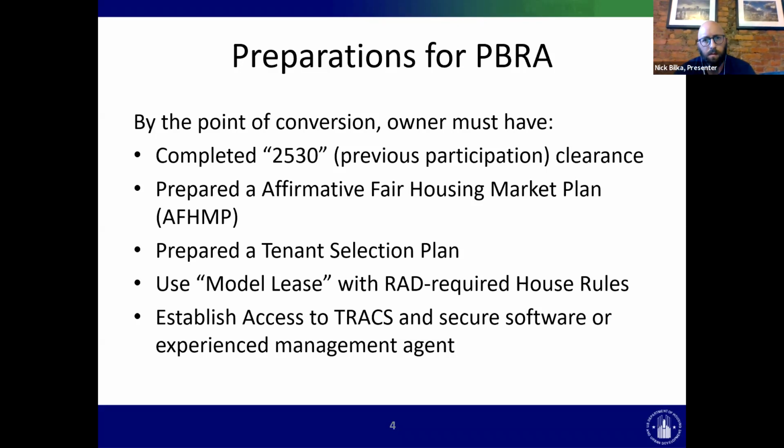So that will need to be in your TSP, including elderly restrictions, any preferences in the admission of tenants. Later down the line, should you do an owner-adopted preference, which you can read about in the 4350.3, which I spoke of earlier, anytime that you update, add a preference, remove a preference, change marketing, what have you, you need to update the affirmative fair housing marketing plan, okay?